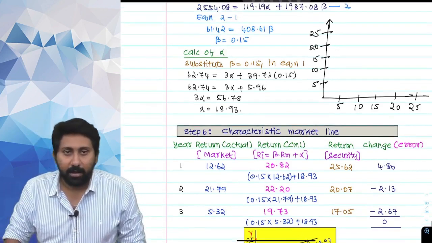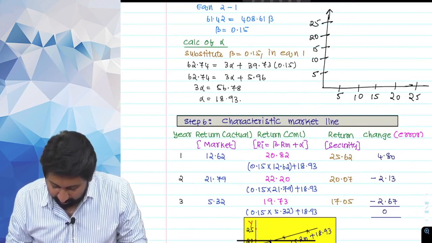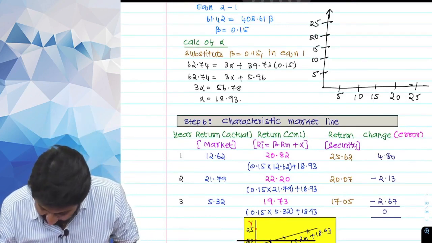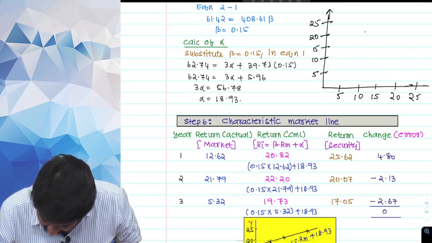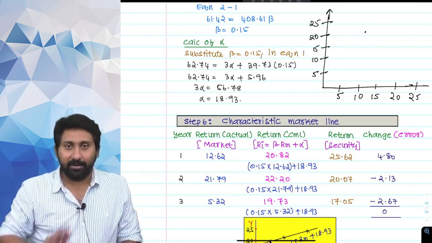See here now. When the market is at 12.62, the CML return will be at 20.82. Somewhere here. Don't shout the answer.